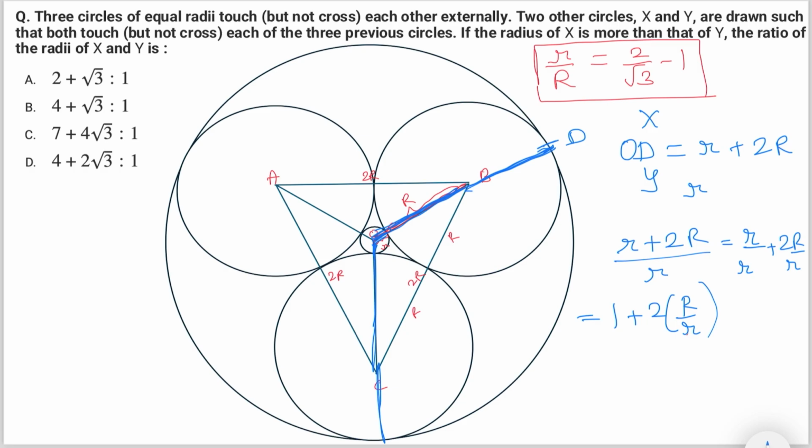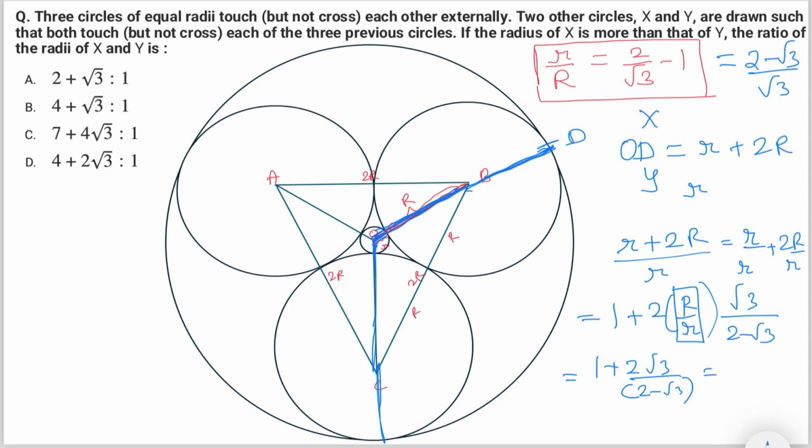Now we had already found small r upon capital R as 2 by root 3 minus 1. This I can simplify as 2 minus root 3 upon 3. So if small r upon capital R is 2 minus root 3 upon 3, the reciprocal, capital R upon small r, will be 3 upon 2 minus root 3.